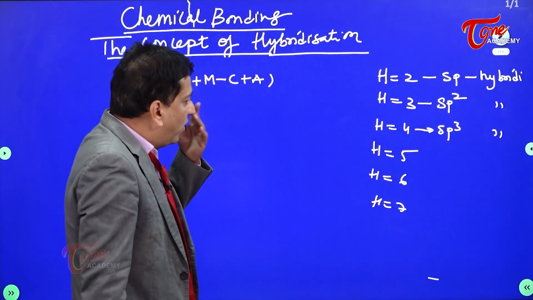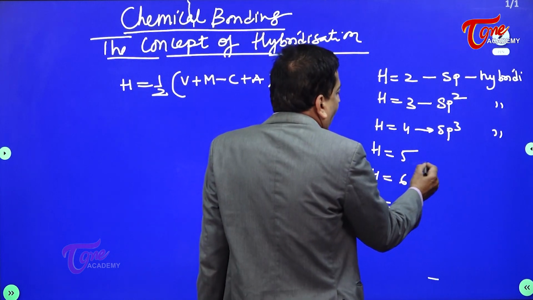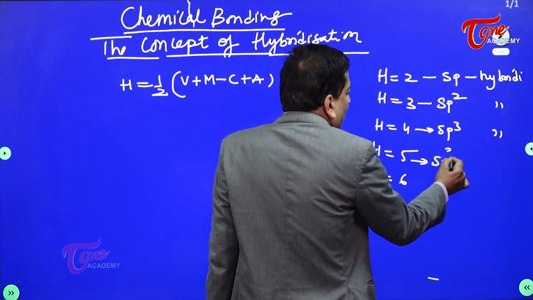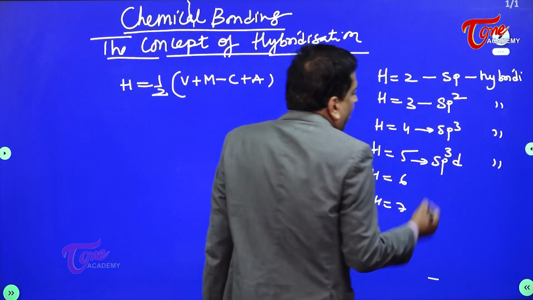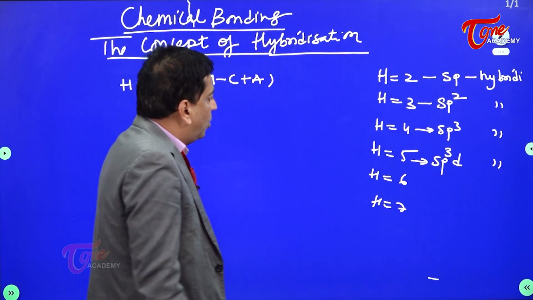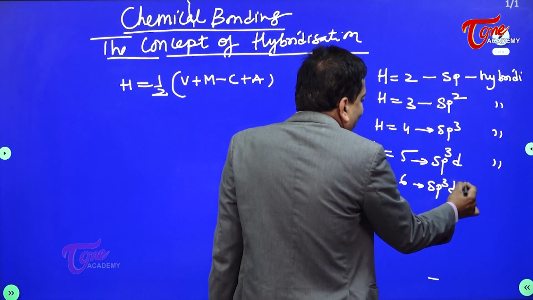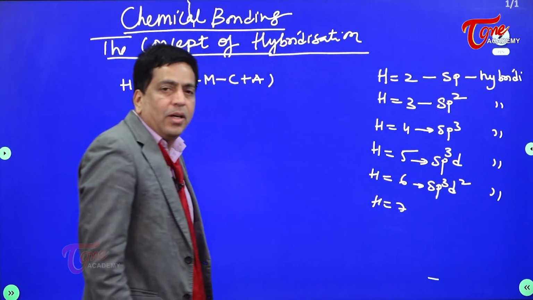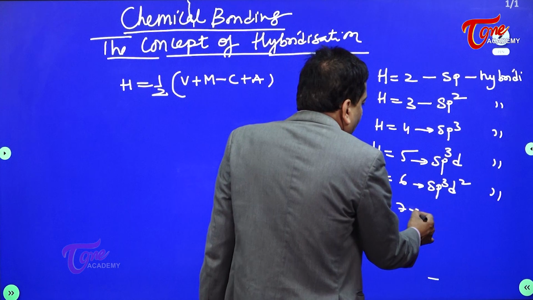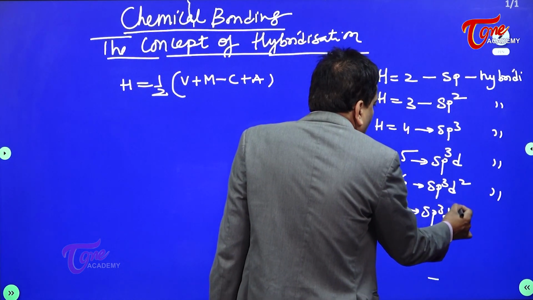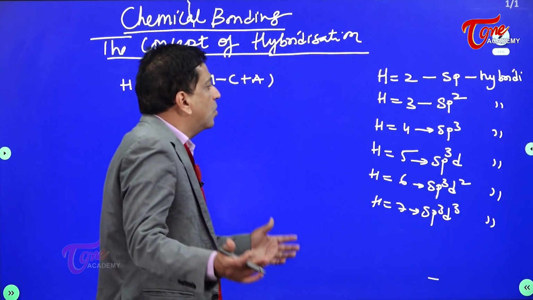If H is equal to 5, it is sp3d hybridization. If it is 6, it is sp3d2 hybridization. If H is equal to 7, then it is sp3d3 hybridization. You must understand.